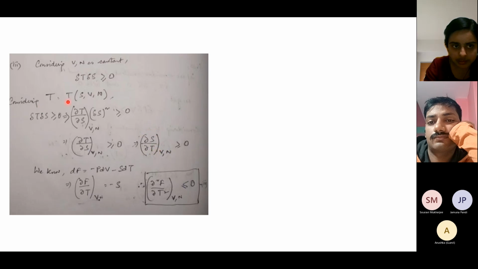So what you do is you consider T as a function of S, V, and N, write it in terms of the differentials, considering V and N to be constant, so the other terms go away. And then it's delta T by delta S is greater than equal to 0, which tells you that now del S del T is greater than equal to 0. We replace del S, the entropy here, in terms of the Helmholtz free energy, and this is what we get. Clear?